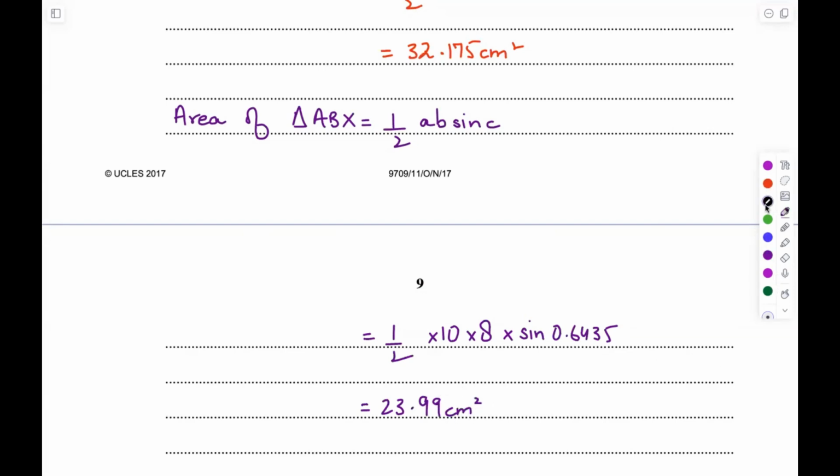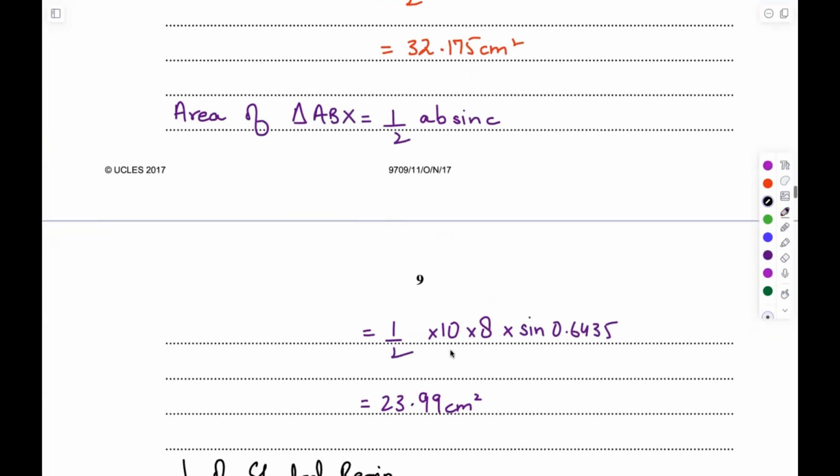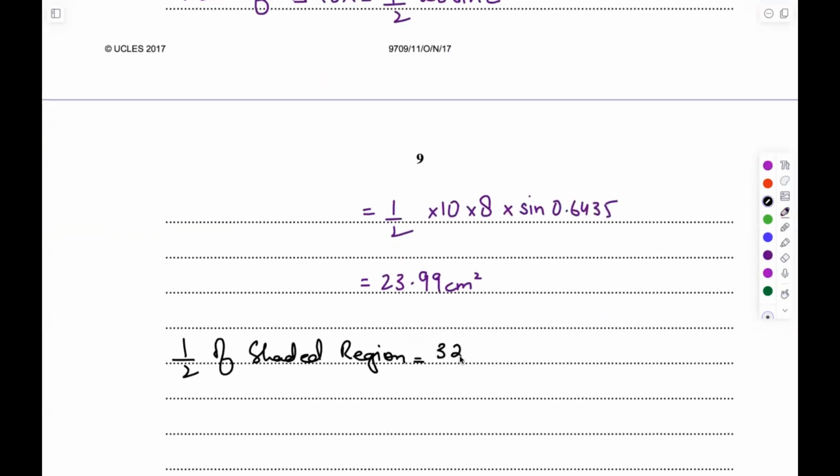Now finding the difference. So half of the shaded region will be equal to the area of the sector, which was 32.175, minus 23.99. So 32.175 minus 23.99 is equal to 8.175 centimeters squared.